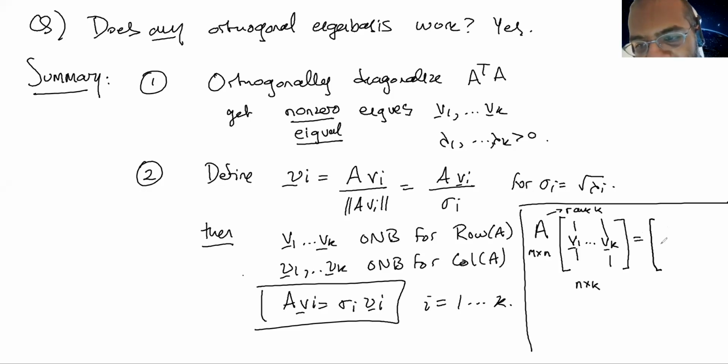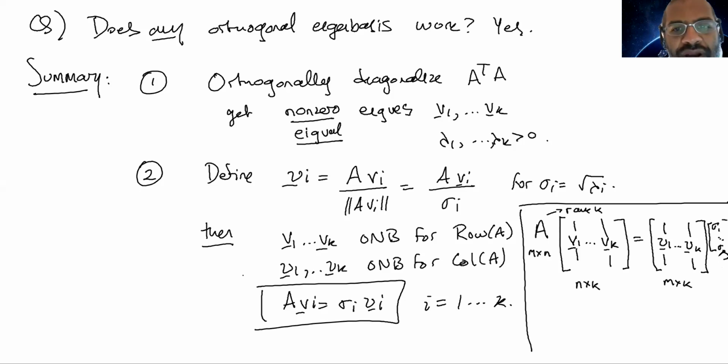In matrix notation, that would be U1 through Uk. What dimensions is that matrix? Well, it's a matrix, so it has two dimensions. This one has to be M by K, times a diagonal matrix that contains the singular values.